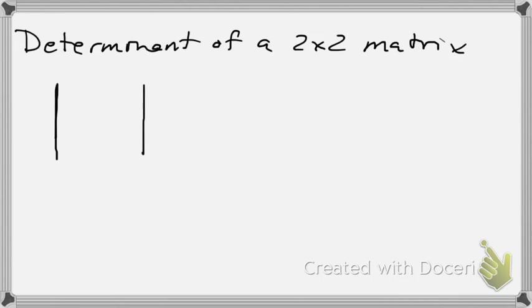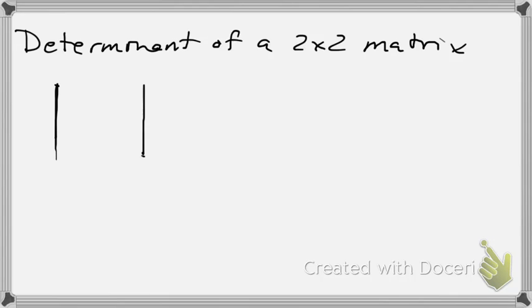So far, matrices have had brackets, like those on the screen. If I want you to take the determinant of the matrix, I eliminate the little tails and we just have the vertical bars. Looks like absolute value.